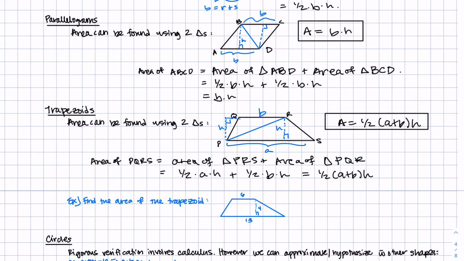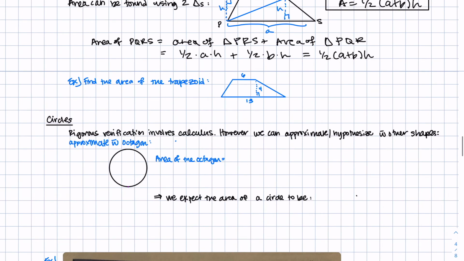Okay, so to put this in action, let's look at this trapezoid here. So notice we're given base lengths for these two parallel sides. This is length 13 and this is length 6. And we're also given the height between them, the distance between them, which is 4.